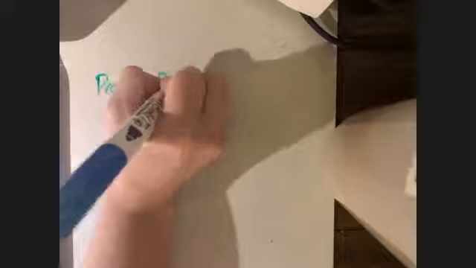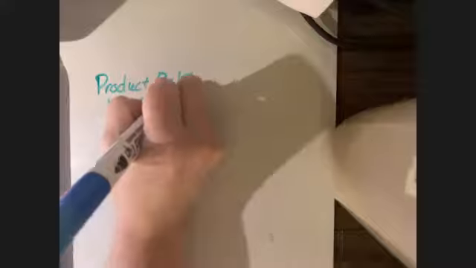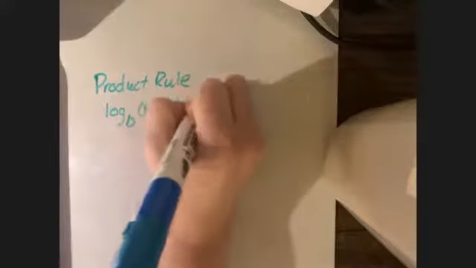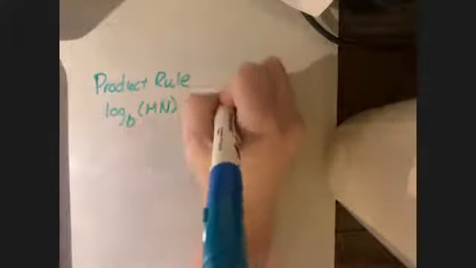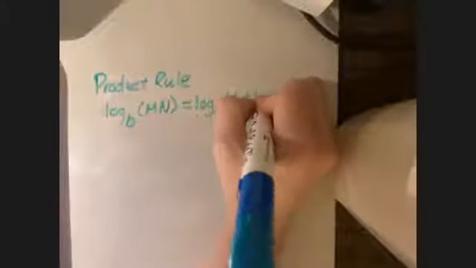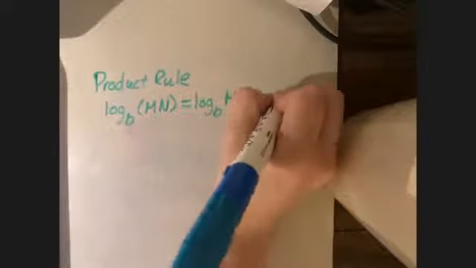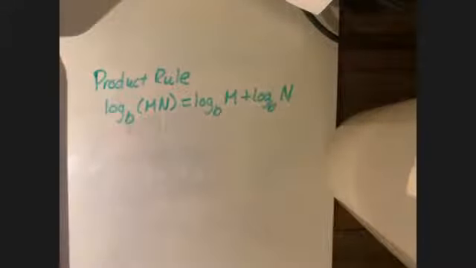So we have three properties that we're going to be looking at. We have what's called the product rule. And this says log base b of mn can be separated into log base b of m plus log base b of n. Okay.